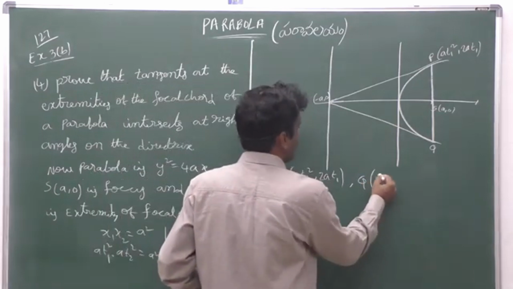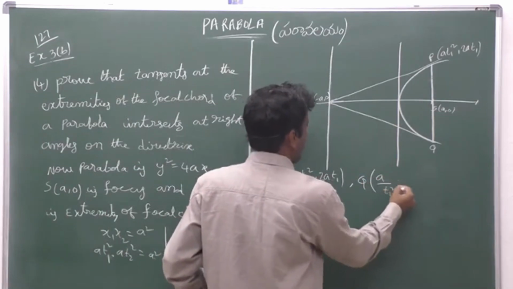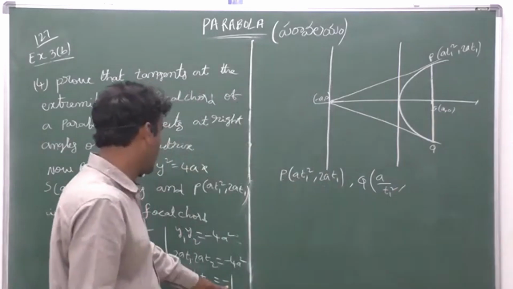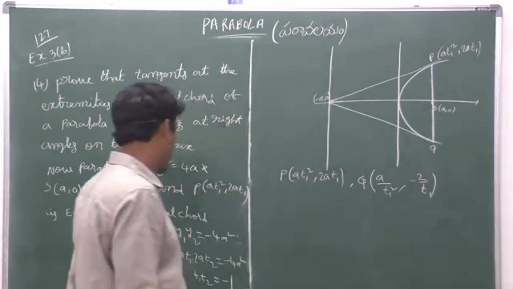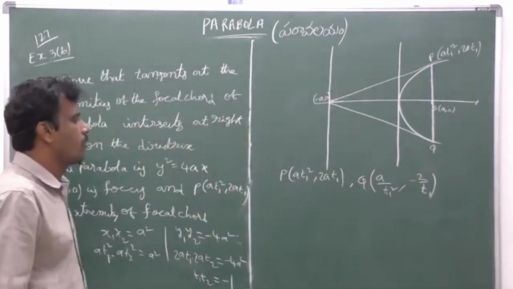That is (a/t1², -2a/t1). Okay, that is Q point.